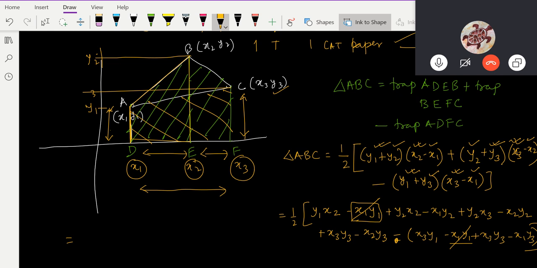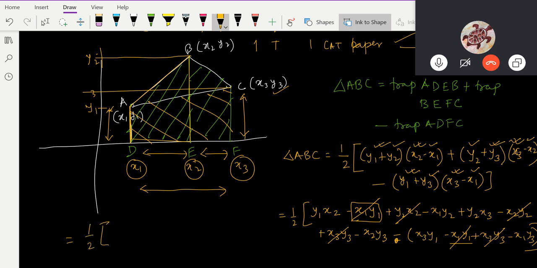X3 Y3 and X3 Y3 cancel. So now we are left with 8 terms. Anything else cancels? X2 Y2 with X2 Y2. This also cancels. So we are left with 6 terms.